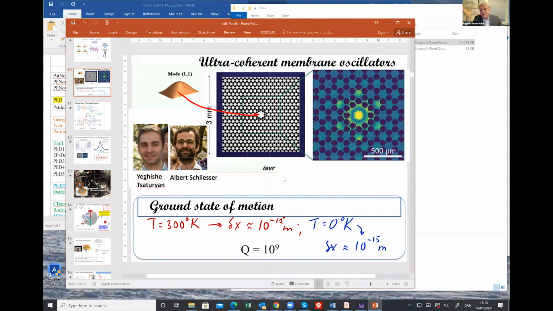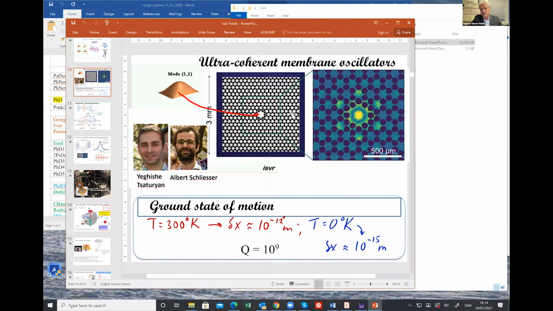And so we purchased just silicon nitride membranes from a company that uses it for windows. And that was with the mechanical Q of 10 to the 6. And then we started working on the phononic shields and improved it to 10 to the 7, to 10 to the 8, and now to 10 to the 9.